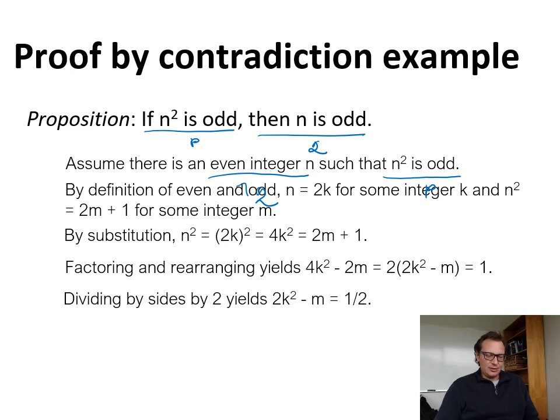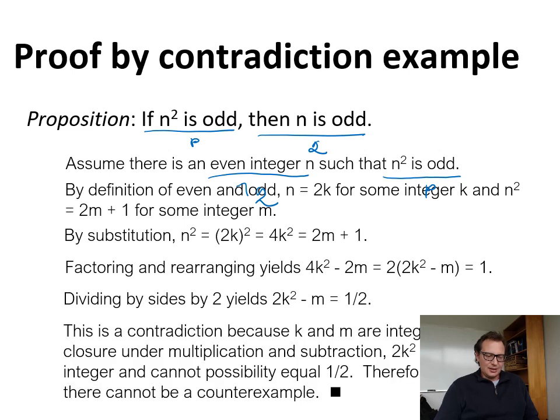And we divide both sides by 2, we get that 2k squared minus m is equal to 1/2. And this is a contradiction, and it's one of the examples of contradiction, because k and m are integers. By closure under multiplication and subtraction, 2k squared minus m is also an integer, and hence it cannot possibly be equal to 1/2. Therefore, we know that we cannot have a counterexample, which means that the original proposition holds. So this is an example of a proof by contradiction.